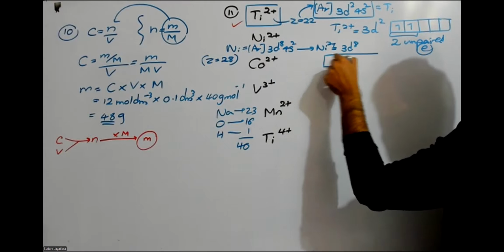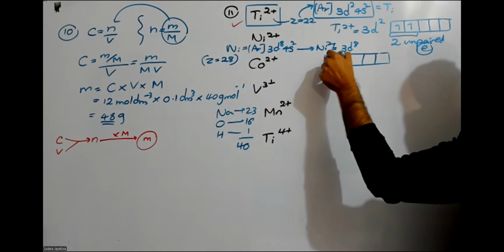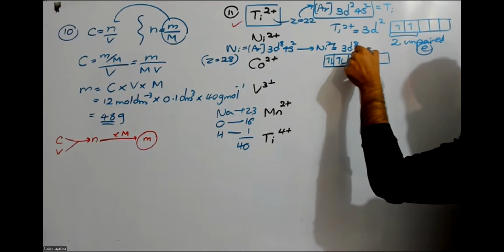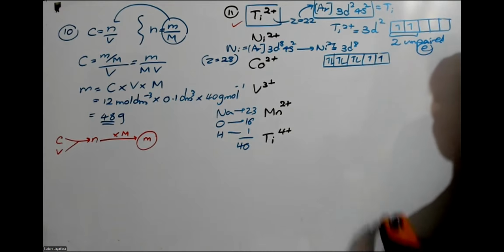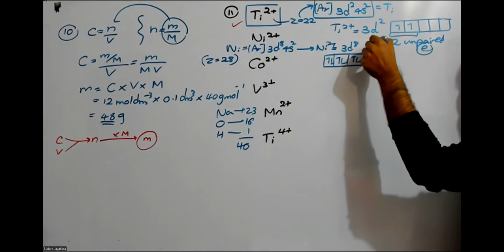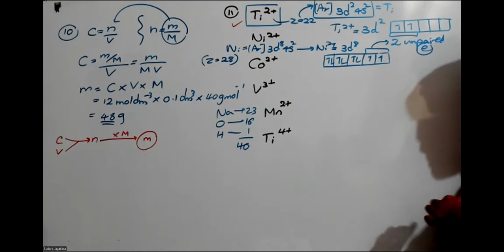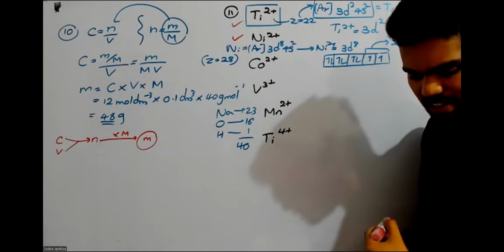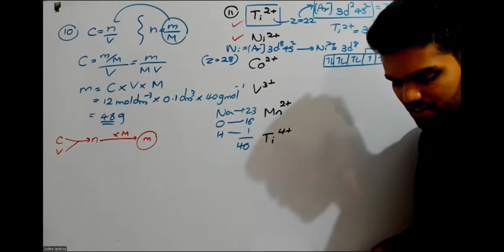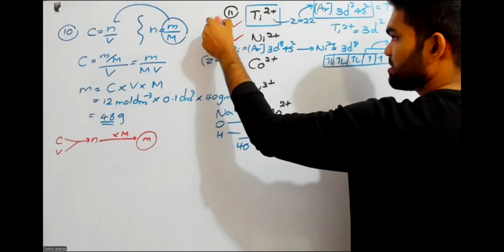How do you draw 3d8? Paired, paired, paired, and only 1 electron here. This is how 3d8 is drawn, and again you have 2 unpaired electrons. So nickel 2 plus is also a correct answer. You can get the answer to the question even from the very first choice, so the answer is going to be answer 1.